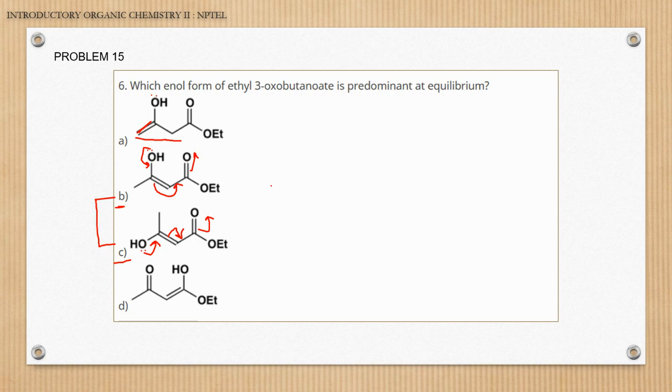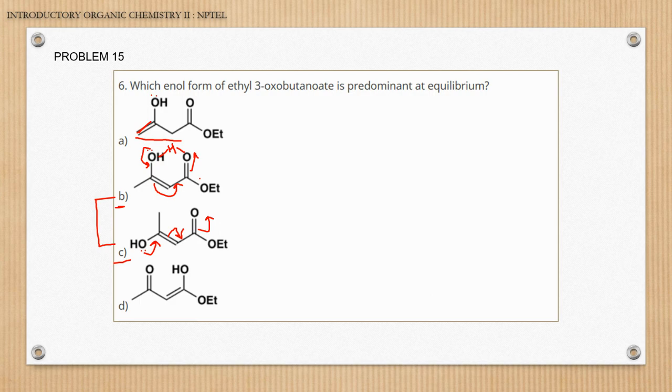Can anyone see any other interaction in these two cases? Hydrogen bonding. Yes, hydrogen bonding is something you have to take care of before answering. There is hydrogen bonding in the case of cis, but it cannot be possible in the case of trans. So it gives additional stability to the cis double bond rather than the trans.